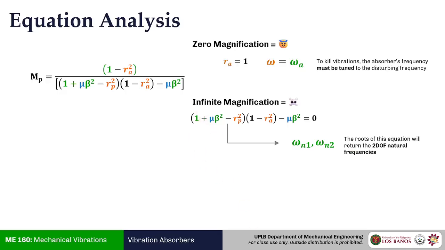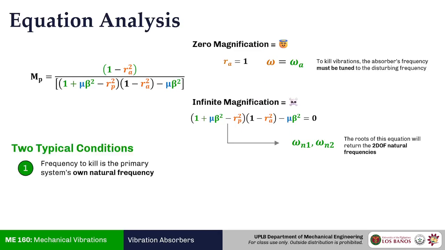And usually for vibration absorbers, which is also another name for tuned mass dampers, or TMDs, there are two typical conditions. It could be that the forcing frequency is the primary system's natural frequency itself.